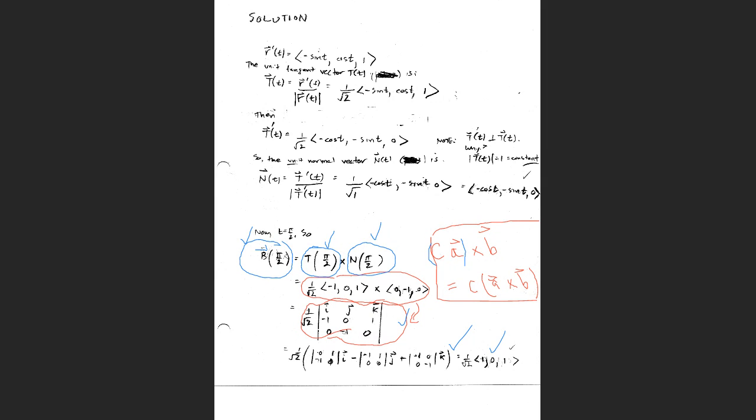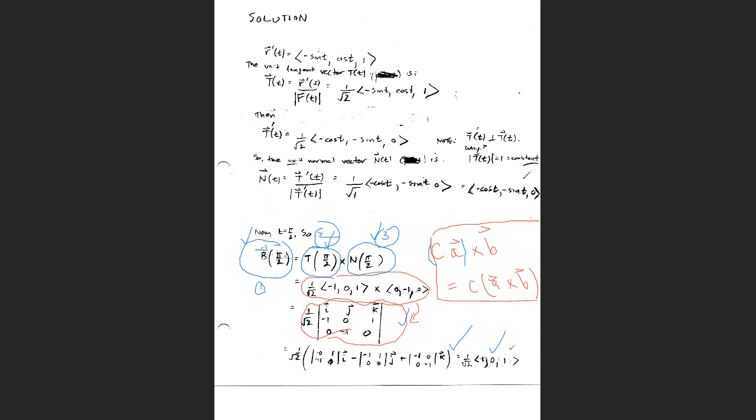Okay, so you have vector 1, the binormal vector, vector 2, the unit tangent vector, vector 3, the normal vector. Which vector is used to find the osculating plane?